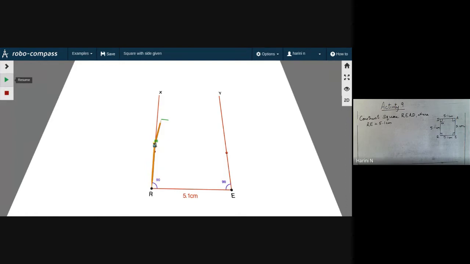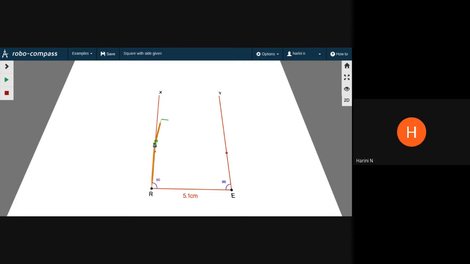Alright. So what you have to do is take your compass and take a radius of 5.1 centimeters in it. Keep it at R and cut the arc.